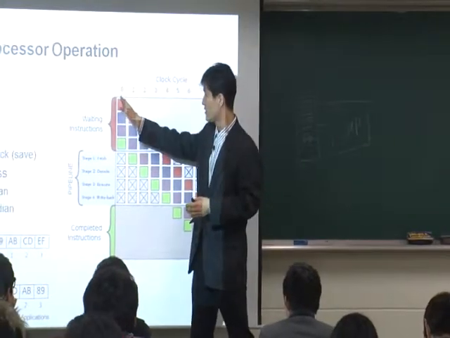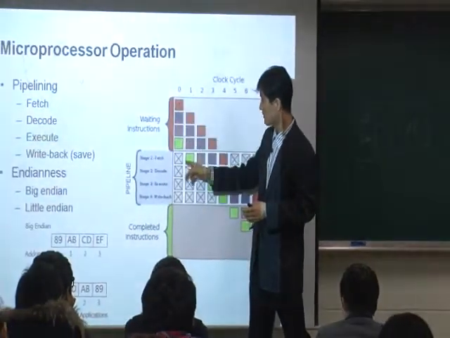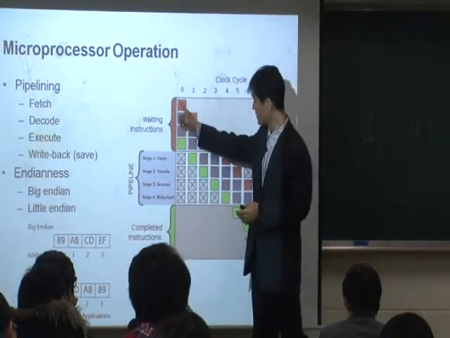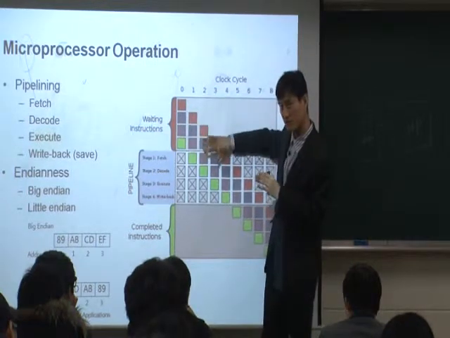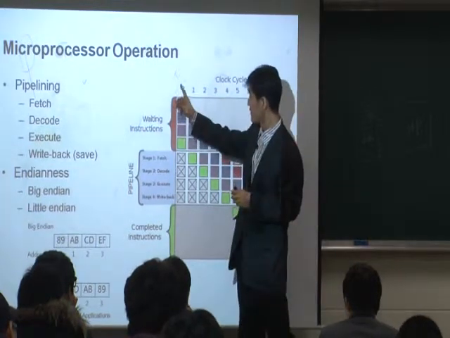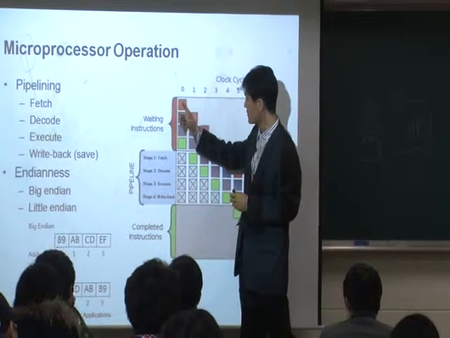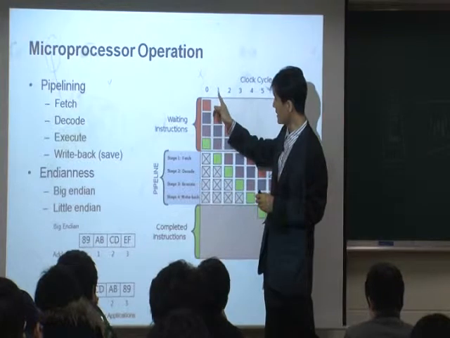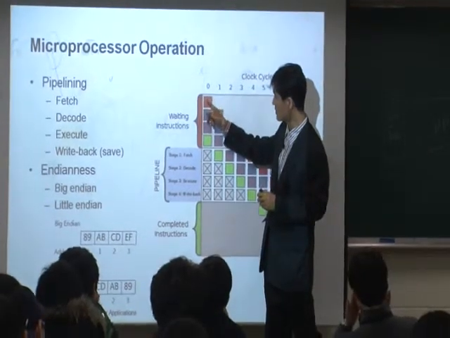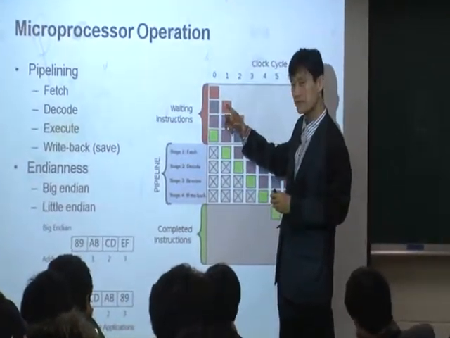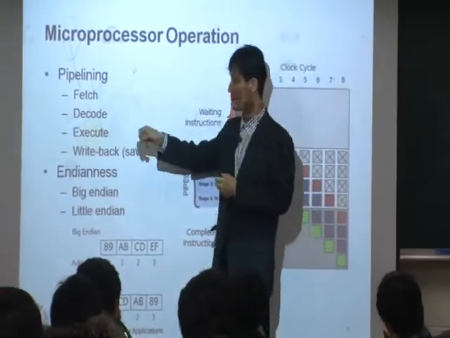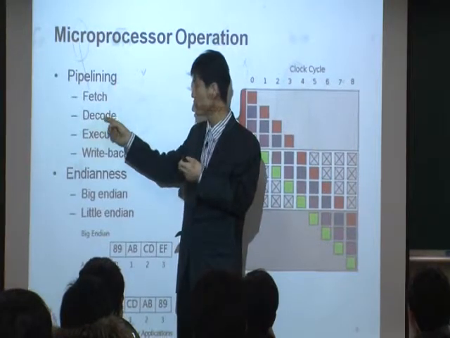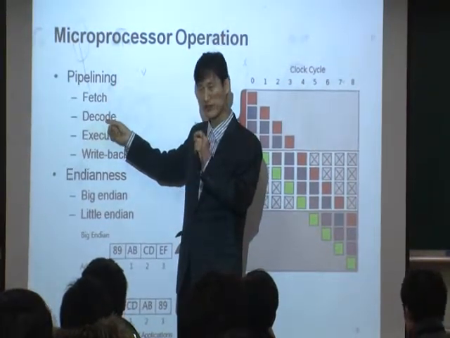This is clock cycle. On the first stage, let's say there's nothing here. I mean, let's not say nothing. The first instruction will go into the fetch on the 0th cycle. Okay? On the next cycle, the first instruction now goes into decode. Okay? Since I fetch the first instruction, on the next clock cycle, I'm going to decode the first instruction.